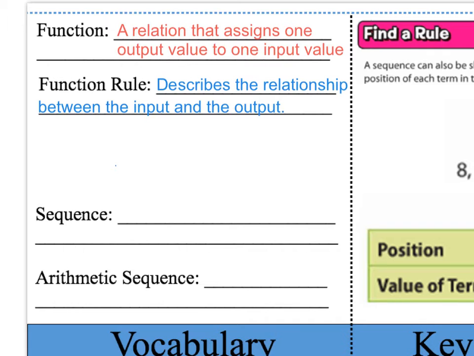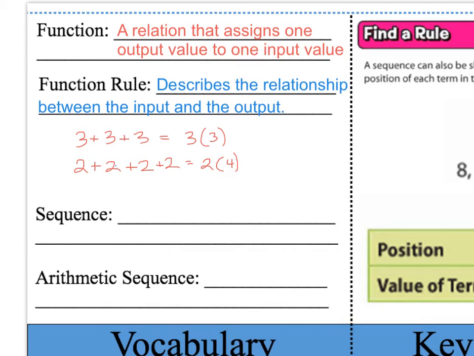So let's go ahead and talk about some basic rules. If I have 3 plus 3 plus 3, that's repeated addition. But another way that I could write that would be equal to 3 times 3. I could also write 2 plus 2 plus 2 plus 2 as repeated addition, but a shortcut would be to take 2 and multiply it by 4 because I'm adding it 4 times.